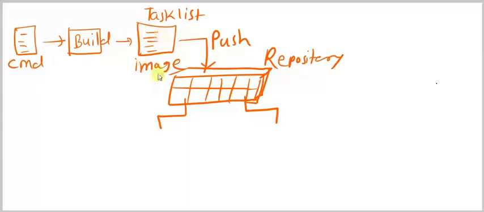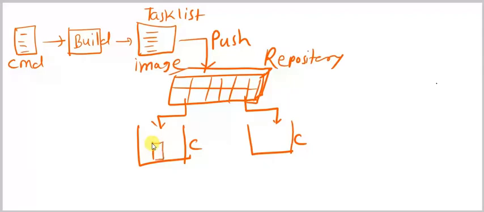What I have to do now is, let's say I have to retrieve it in some container. So this is a container. Okay, that image is actually retrieved. This is the image which is retrieved. Let's say this is image I1, this is image I2. Image retrieval is nothing but a pull operation.